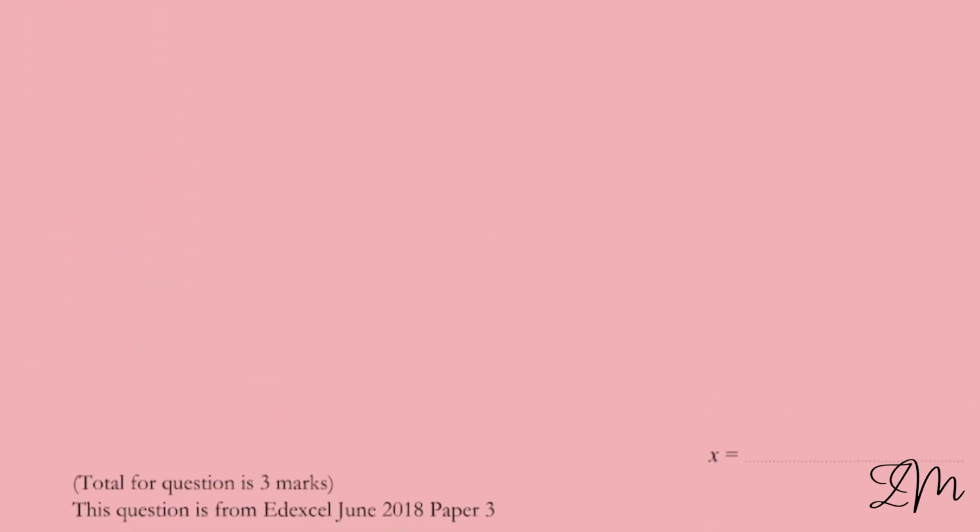Okay, next question. All right, so this is quite nice and easy. Just because the formatting has gone funny in the exam, you should still realise that that 2 just needs to be multiplied up. So we've got 5 minus x equals 2x minus 7.